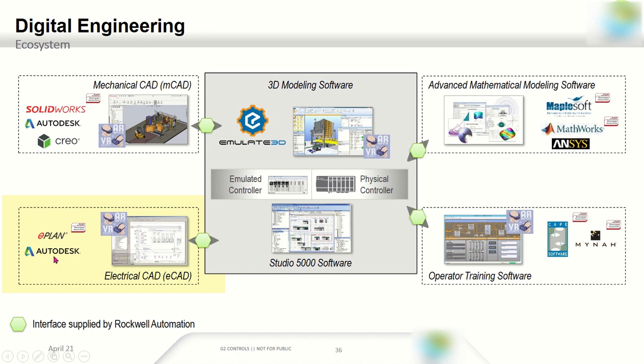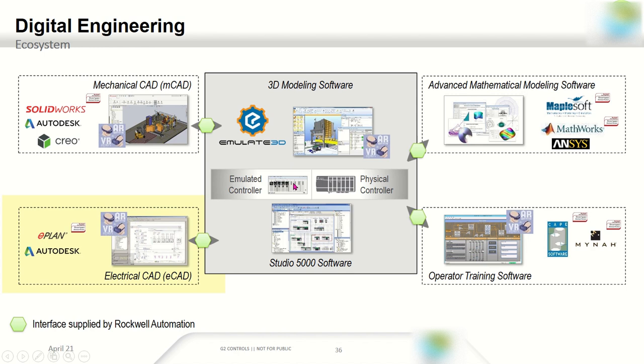All the tags and everything we can import from mechanical designing and electrical CAD designing. E-Plan on Autodesk, the electrical, is also connected with your controller. The tag philosophy is connected with your E-Plan. Here there are two: one is the emulated controller and one is the physical controller.